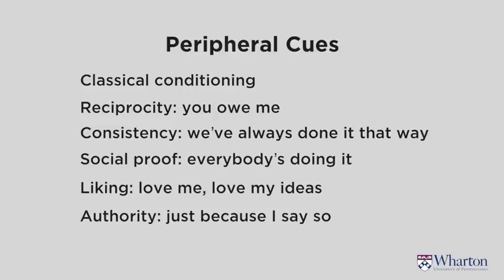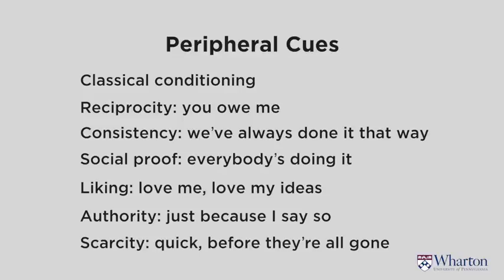And the last peripheral cue that I'll just mention today is this peripheral cue of scarcity. Because there aren't very many of them, it must be good. So some marketers use this idea of scarcity to create product quality. A modern one that's recently been using that is Lululemon. And Lululemon purposely does not have, they go to stockouts easily.